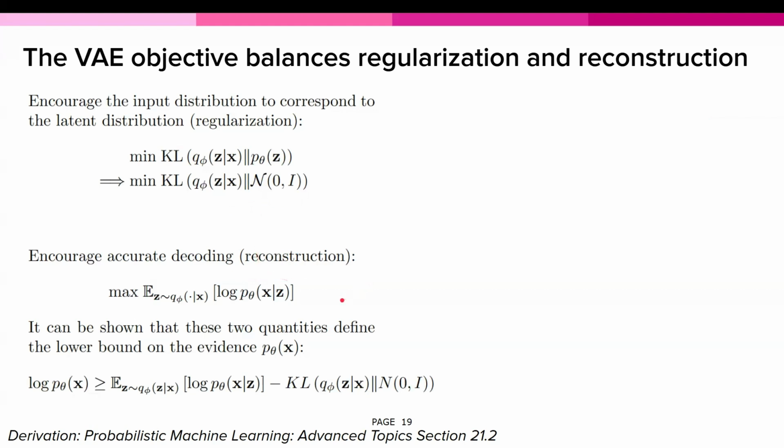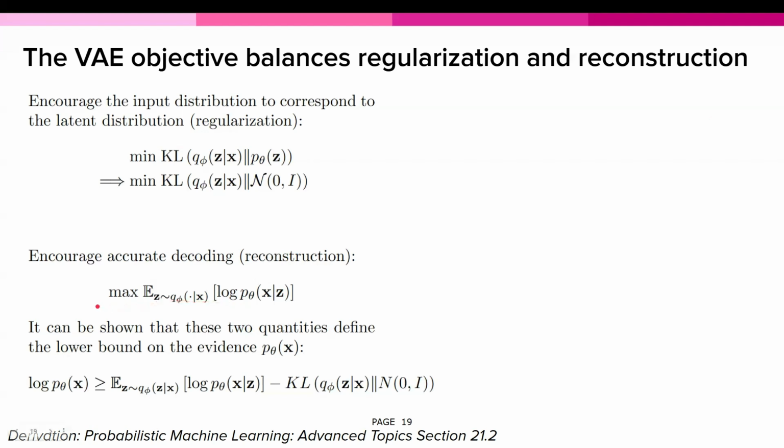The second objective is reconstruction, and this encourages the decoder to accurately reconstruct the input data from the latent representation z.